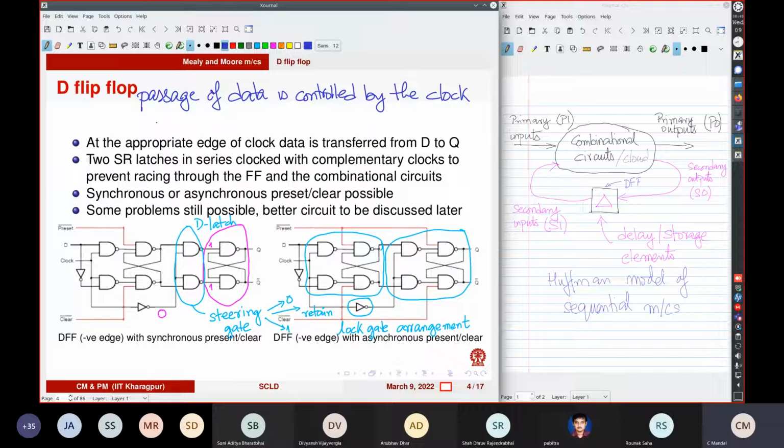And that's why it is called synchronous. These are called synchronous sequential systems, because the passage of data is controlled by a clock. Anyway, this should give you the basic idea of how the sequential circuits work.